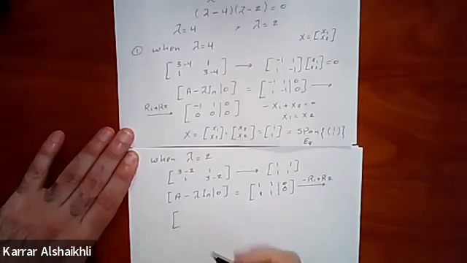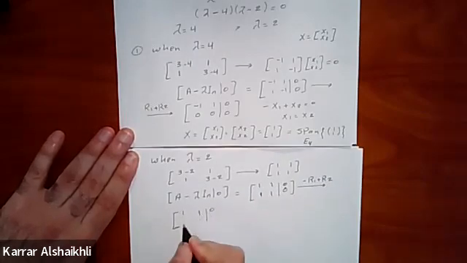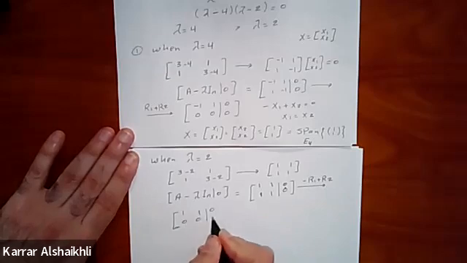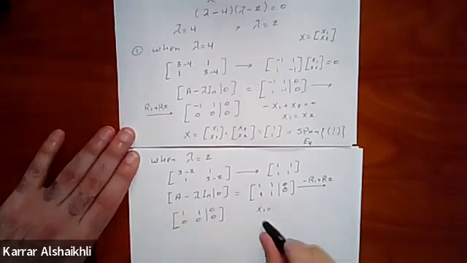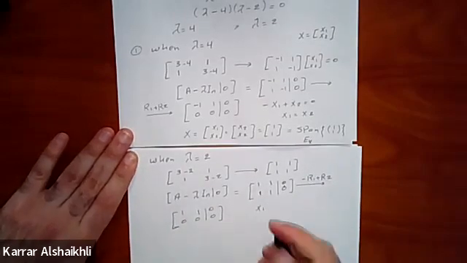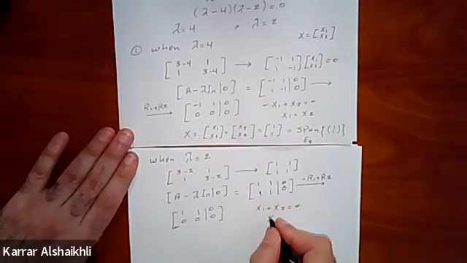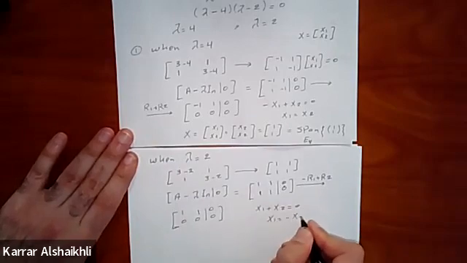So it's going to be 1, 1, and here is the 0. This one is going to be 0, 0, and this one is 0. That means X1 plus X2 is going to be equal to 0, so X1 is going to be negative X2.